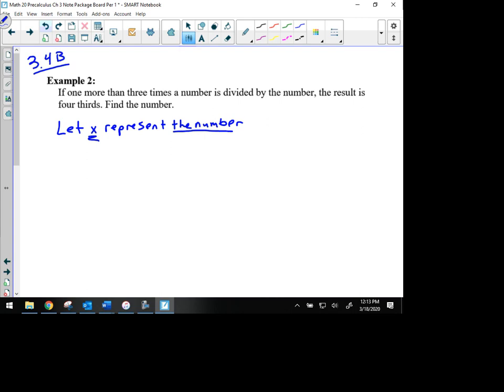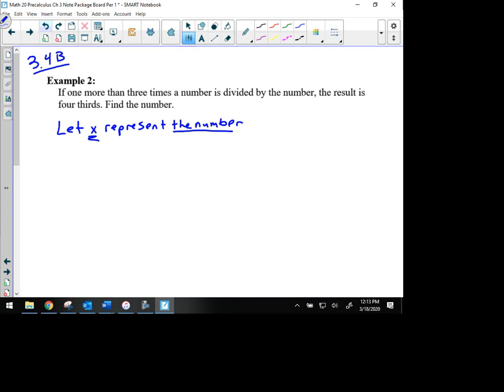The number that we're trying to find, x is representing that. Let x represent the number. The next thing we want to do is find the place in the question where it talks about the equal sign. So where does it say that something equals something else? The wording of the question will often be is, or results in, or the result is.